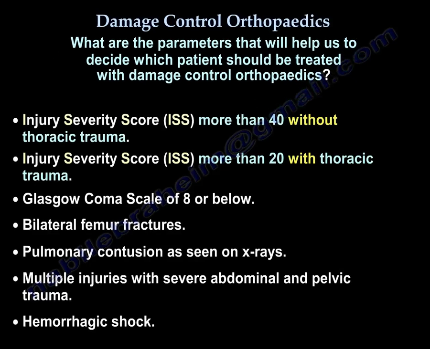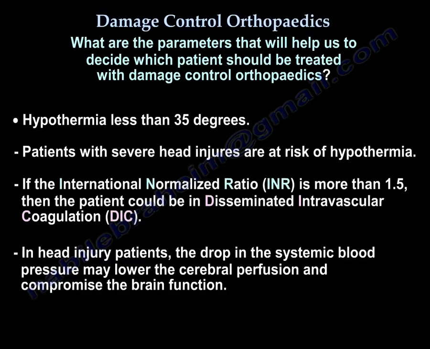ISS score more than 40 without thoracic trauma, ISS score more than 20 with thoracic trauma, Glasgow Coma Scale of 8 or below, bilateral femur fractures, pulmonary contusion as seen on x-rays, multiple injuries with severe abdominal and pelvic trauma and hemorrhagic shock, hypothermia less than 35 degrees.